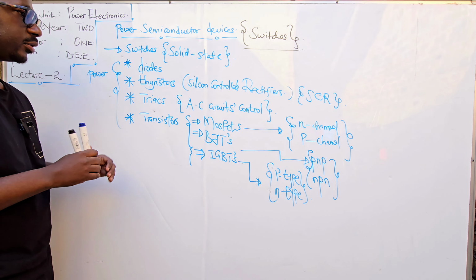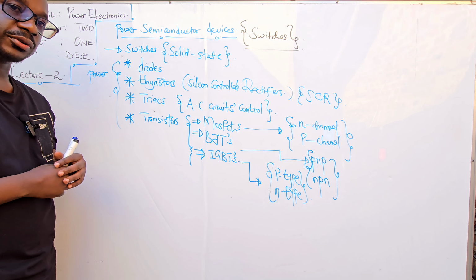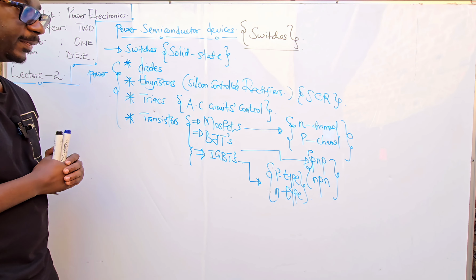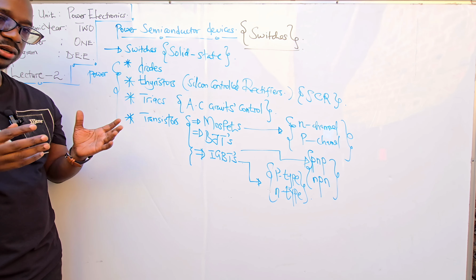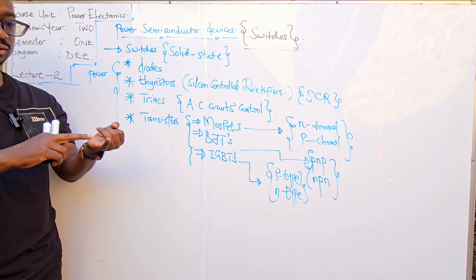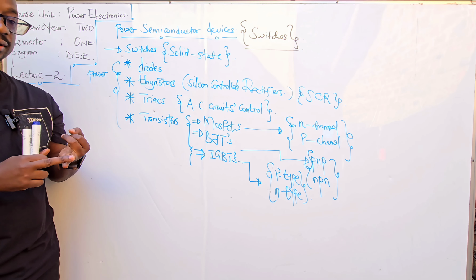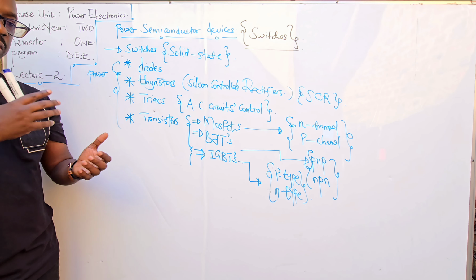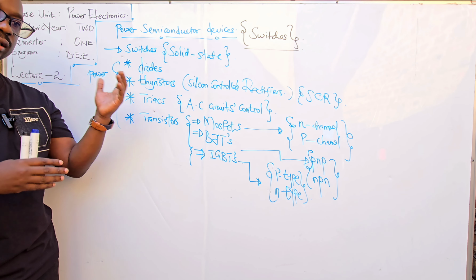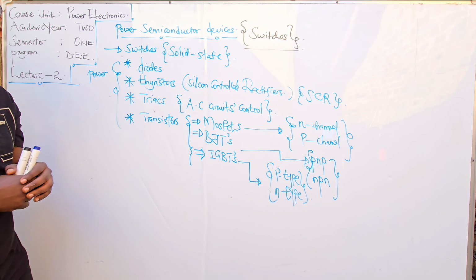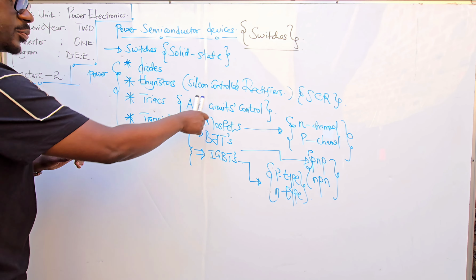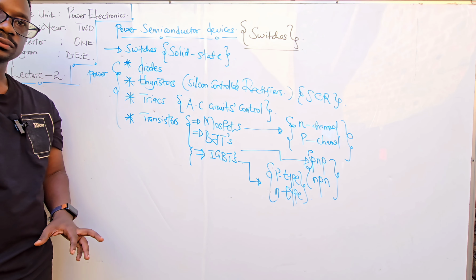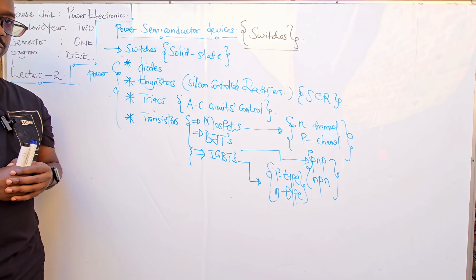Like the definition said, power electronics is a branch of electrical engineering that deals with the manipulation of power. That means we can manipulate voltage or current or any other parameter related to power with the help of passive and semiconductor devices. So at one point we will need to use one of these or a combination of those to manipulate power.